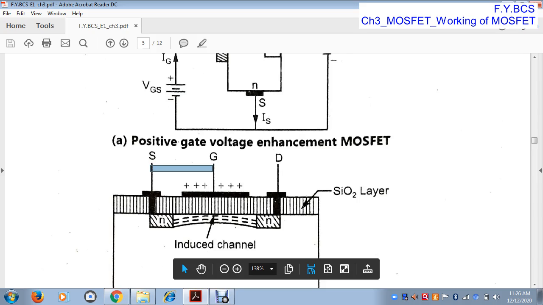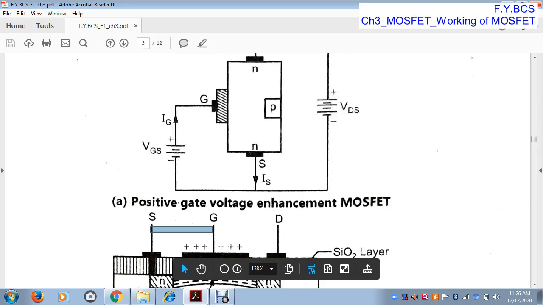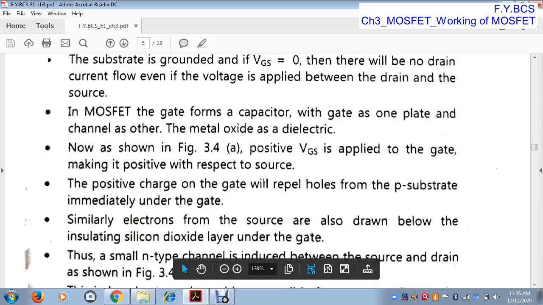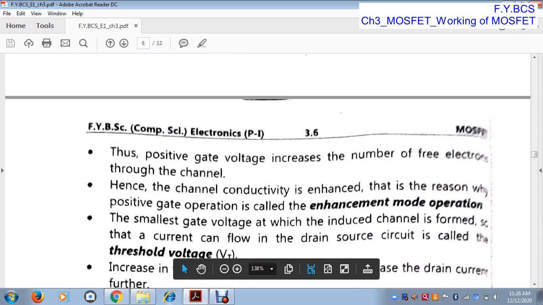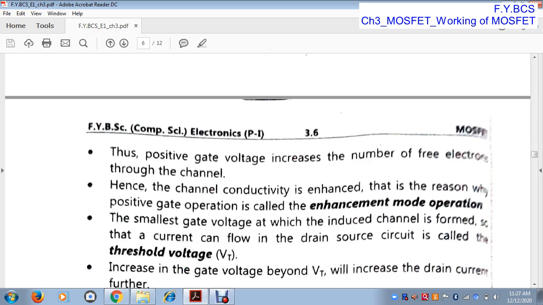That means it forms the channel from source to drain, and current will flow from source to drain because VDS is connected. Hence the channel conductivity is enhanced, which means the channel is created. Therefore, it is called enhancement mode operation.